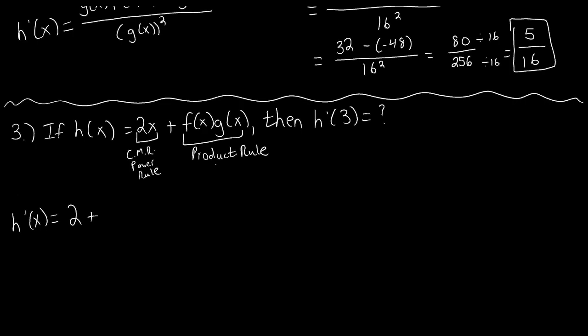So as long as we take the derivative of the first one, we multiply it by the original function of the second one, and then we add that to the derivative of the second one times the original function of the first one. So this is our derivative. This is how we've evaluated it, and this is what we've come to.